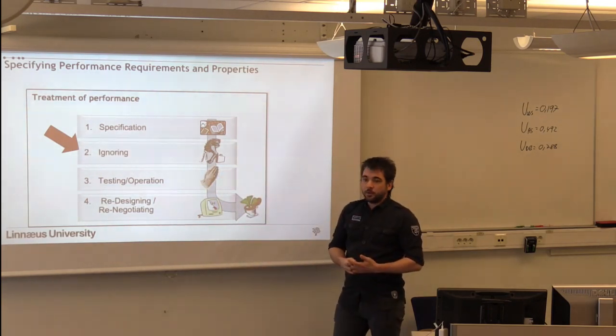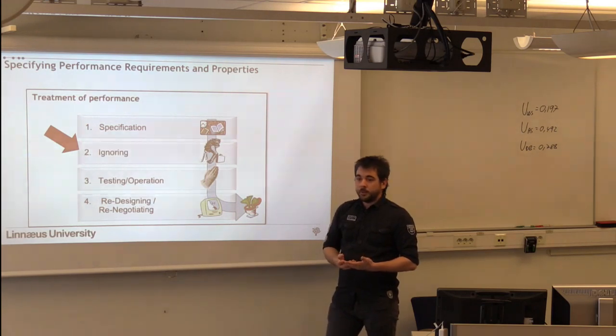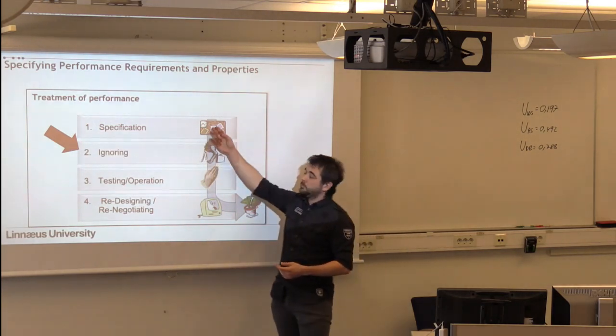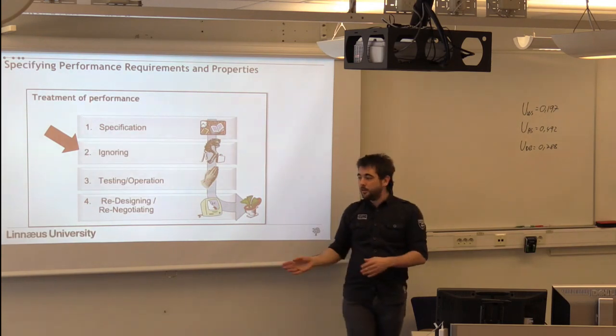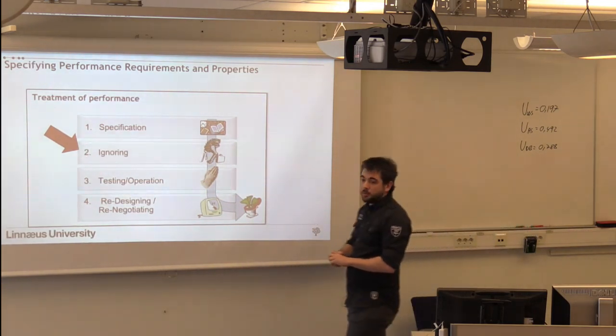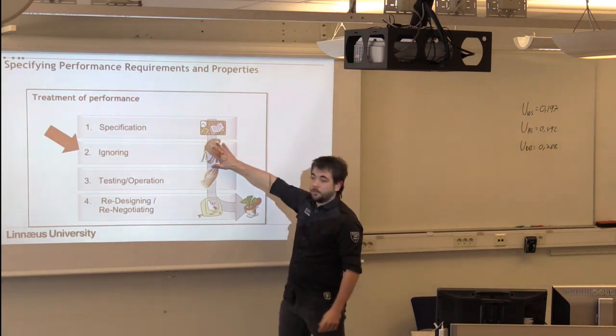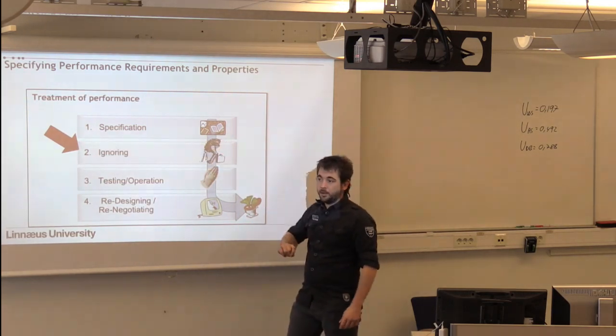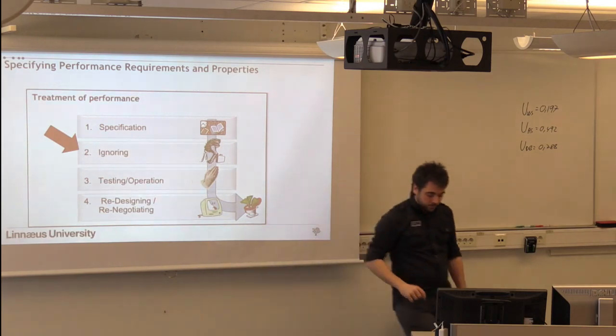But at least we don't arrive completely clueless, having performance requirements, ignoring them, and then let's see if we meet this. So these 4 sessions are to improve this ignoring part.